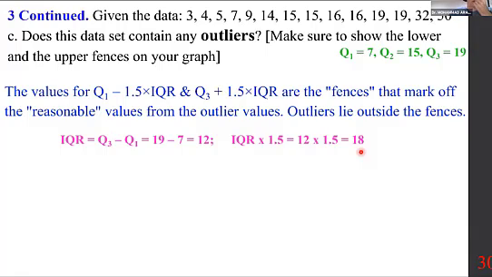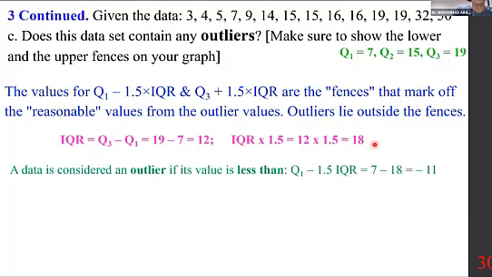So now Q sub 1 is 7 minus 18, and Q sub 3 is 19 plus 18. So according to this data, Q sub 1 minus 1.5 IQR becomes 7 minus 18, which is negative 11.